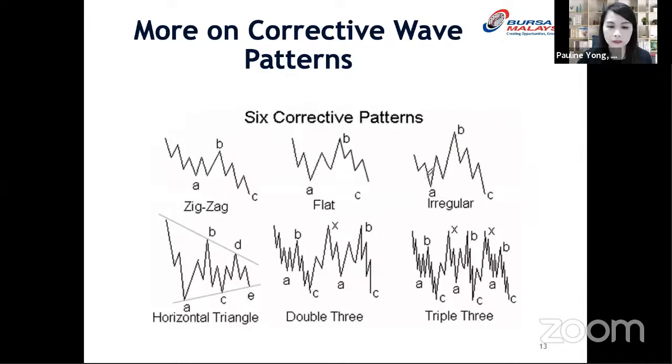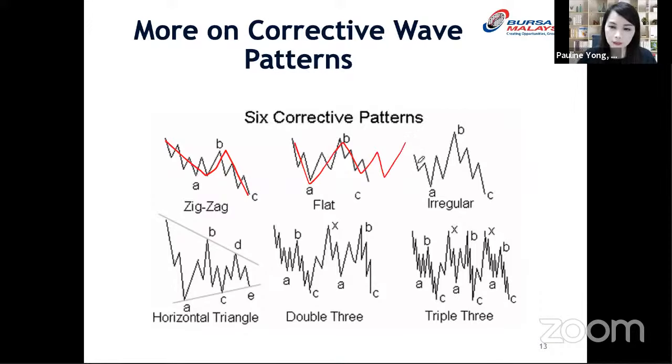A zigzag is easy to recognize because it is a big down, then a short relief, a short rebound, followed by another big down. So this one is a zigzag, and you can't go wrong with it because it is going down. And flats means you are moving sideways, so you can't go wrong with this.